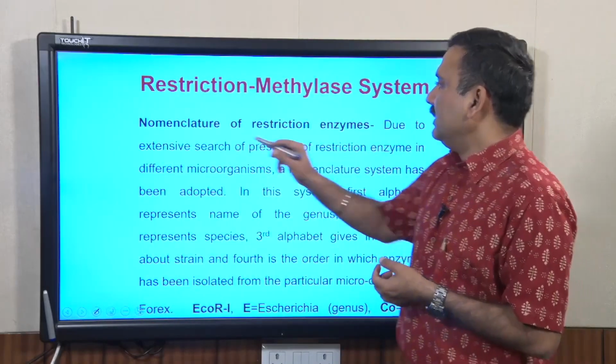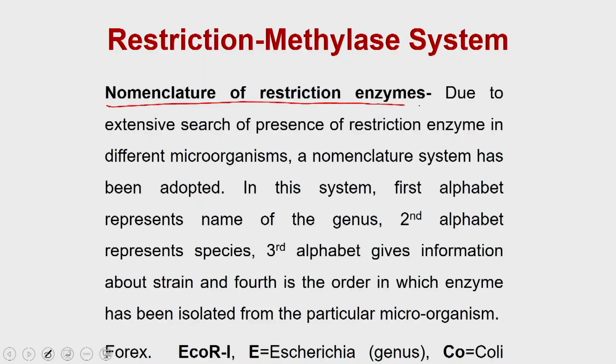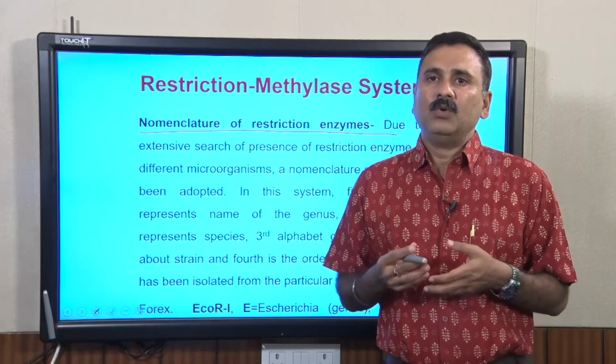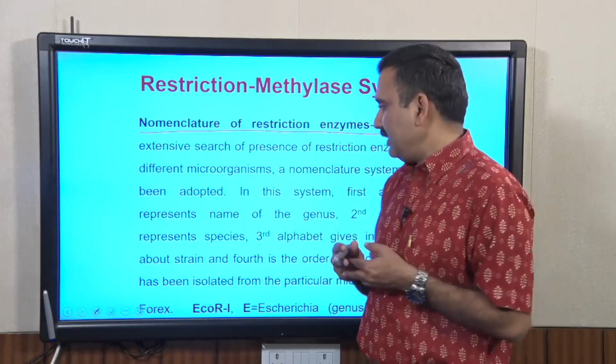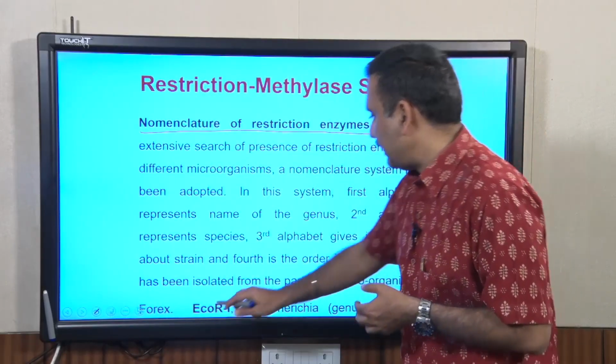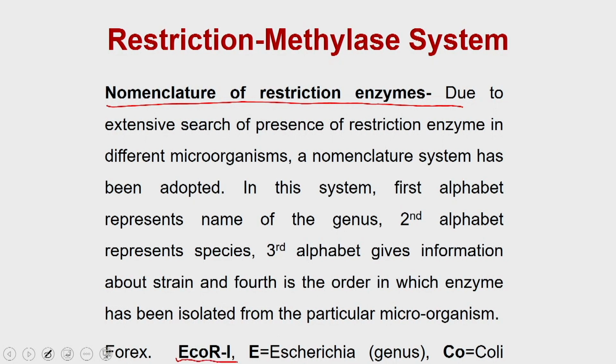Now, since restriction enzymes were discovered, there is a particular rule which people follow to write the names of these restriction enzymes. Take the example of EcoR1. EcoR1 is one of the enzymes.